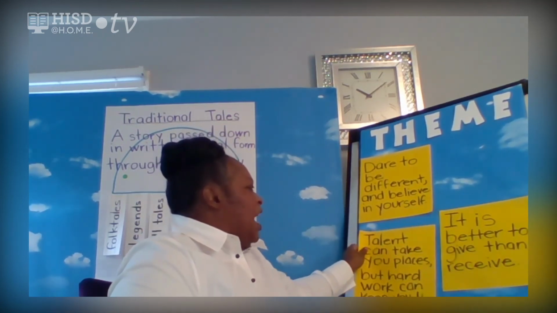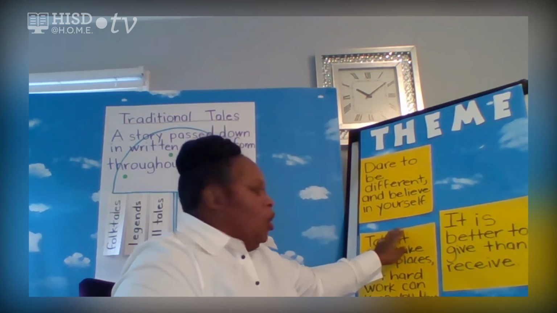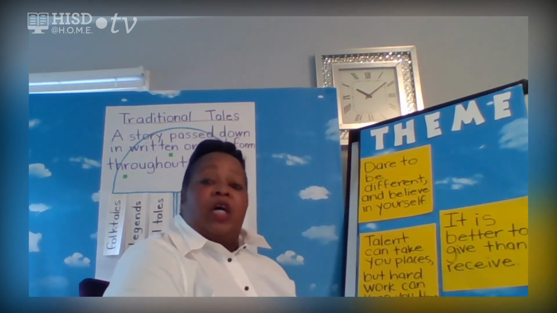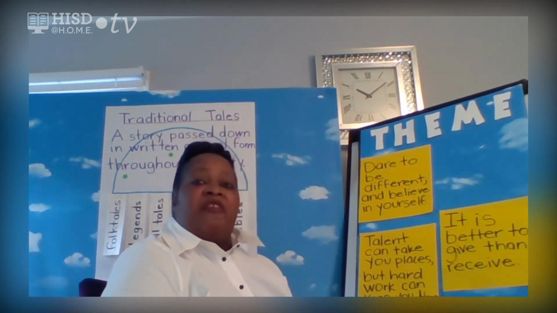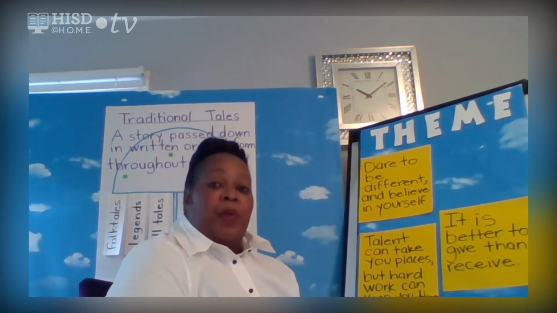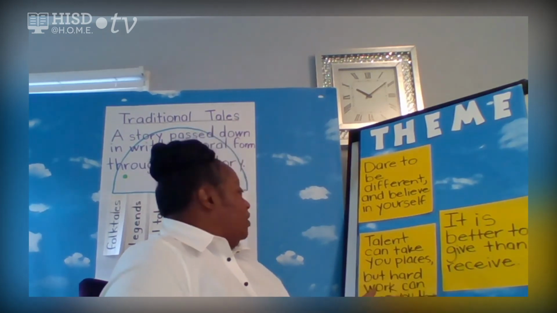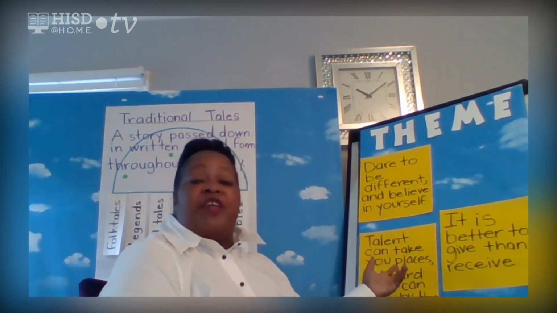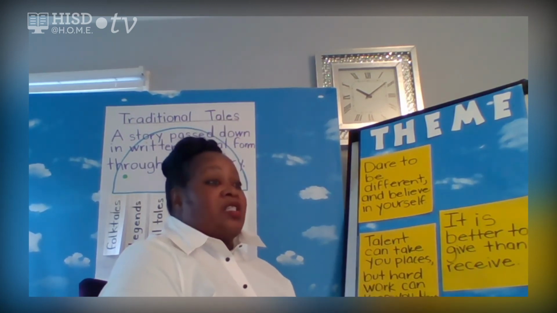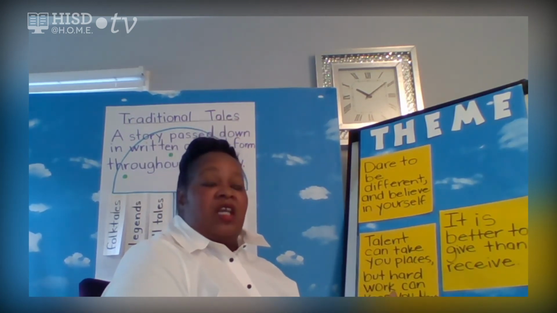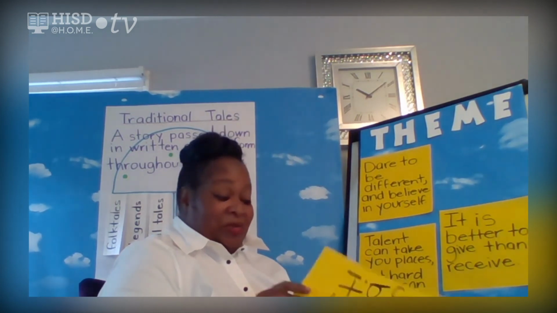Who cares if his dad didn't buy him a horse? Who cares if he didn't have the finest of clothes? Who cares if he wasn't the best spoken person? Dare to be different. He was different. And as we can see, his differences is what set him apart from the other suitors.